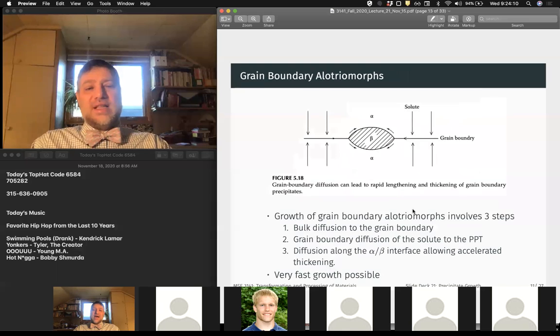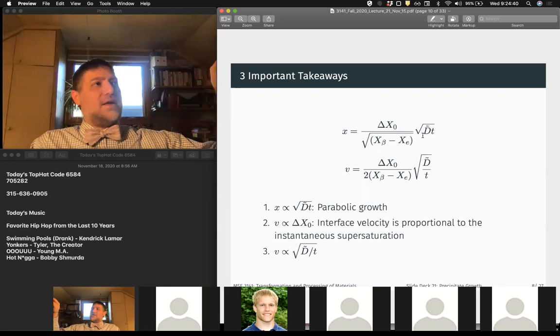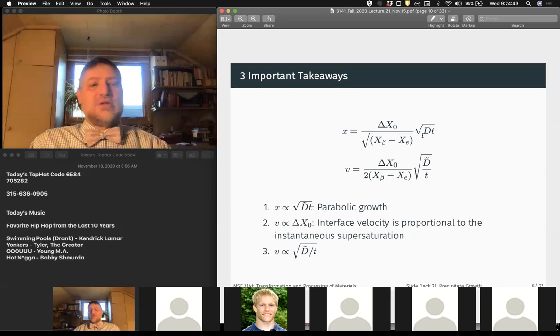Okay, so we said that the important bits here is that for a planar interface, we get parabolic growth, right? Meaning that the size of the particle scales with the square root of time. If we think of what the square root equation looks like, it starts out steep and then not really saturates, but it increases with lower and lower slope as you go on.